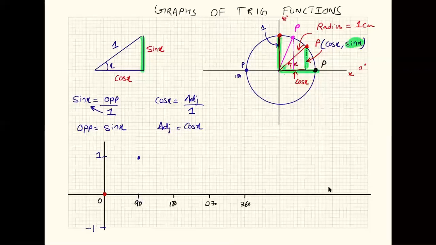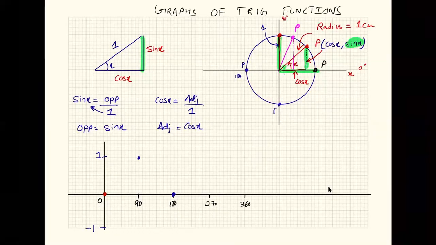So if at 180 degrees the sin x component is 0, then consider this point to be at an angle of 270 degrees, which is this point. If the point P moves over here, then again this is the vertical component, and the vertical component now is going to be -1.